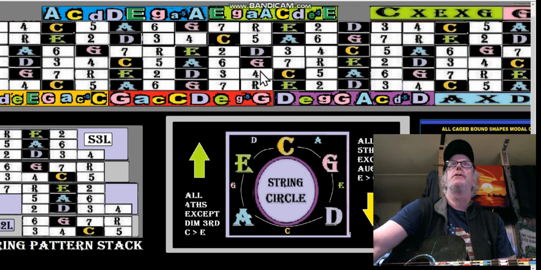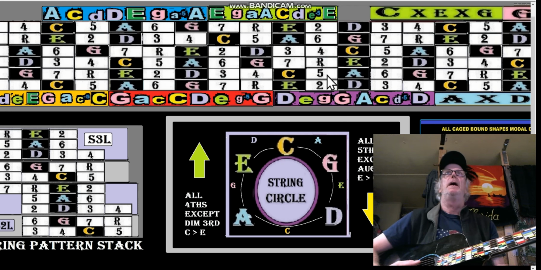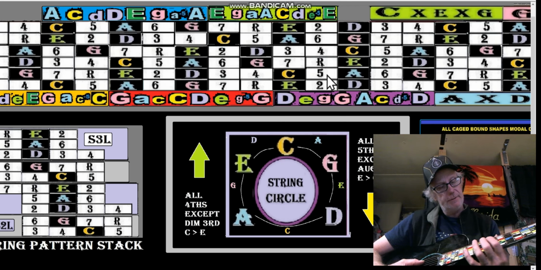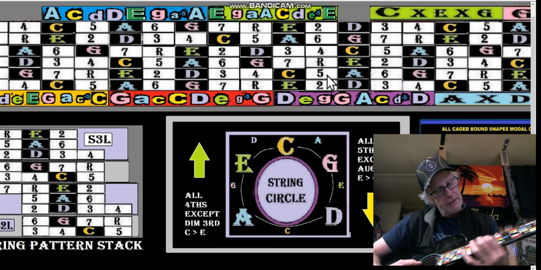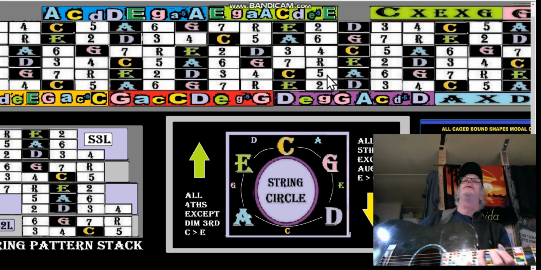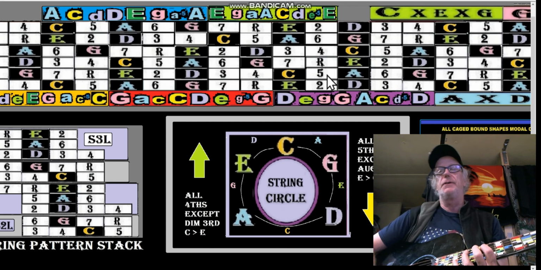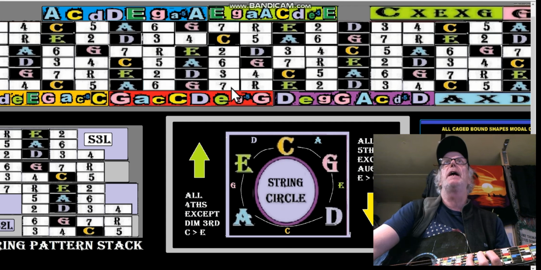But let's say we're just playing this 3, 4, 5, and we don't know what cage we're in. Okay, so here's the 3, 4, 5 on the second string. What we want to do is get to that bottom string.